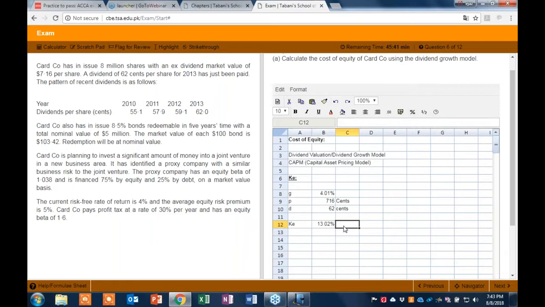So it's 13.02%, the cost of equity. Is it clear? Great.